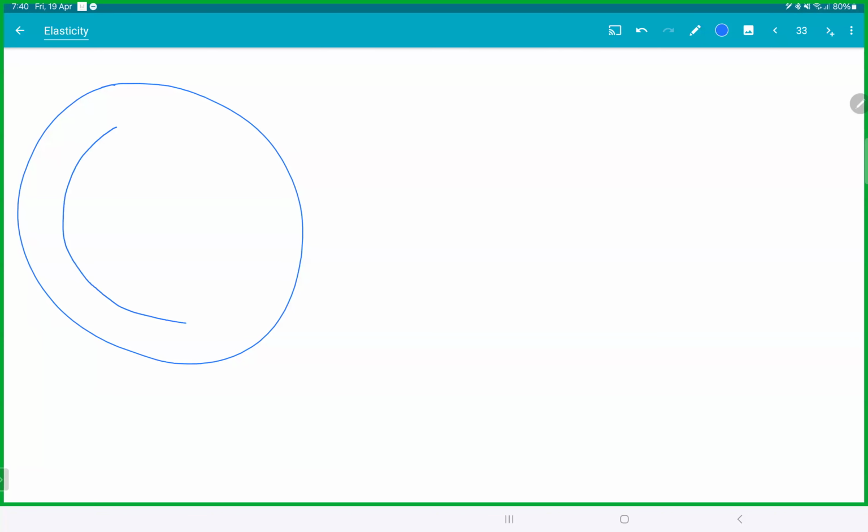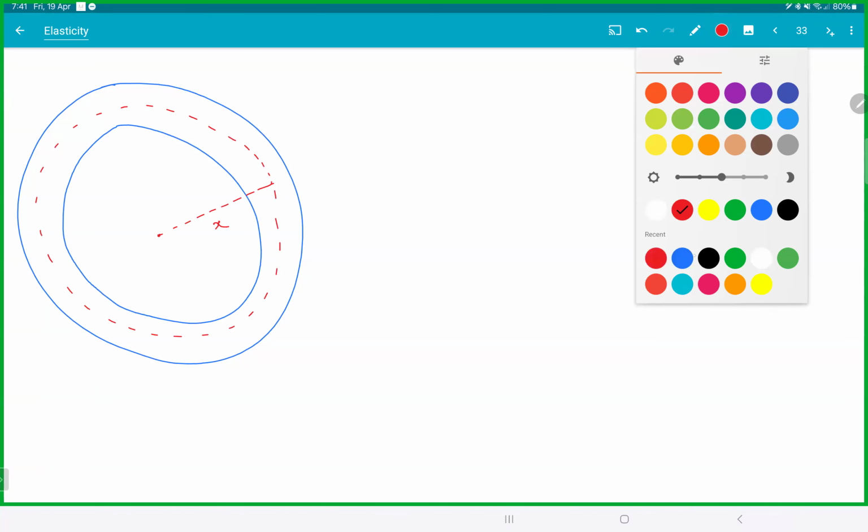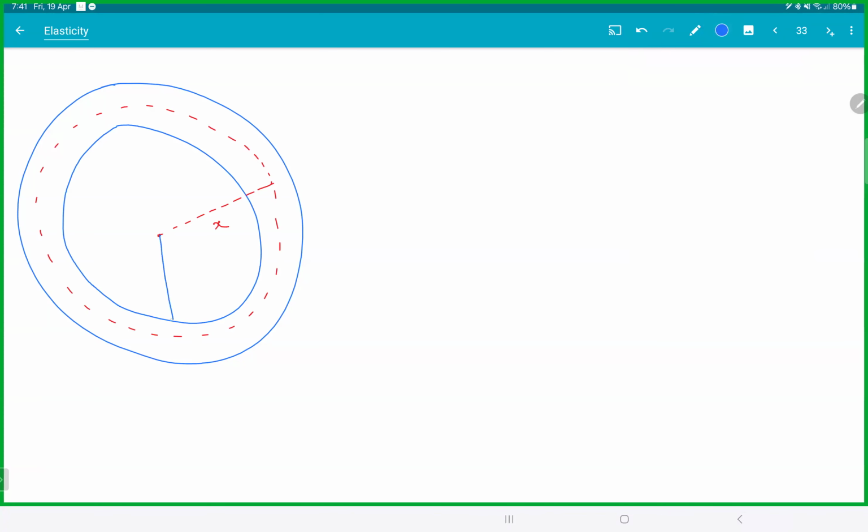I'll make it a little more thick. Now from the center, at a distance x, take a thin layer. Remember, the inner radius is r, this outer radius is t. And here we know 2 pi r is equal to b.